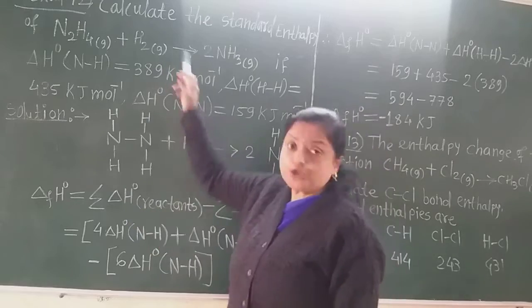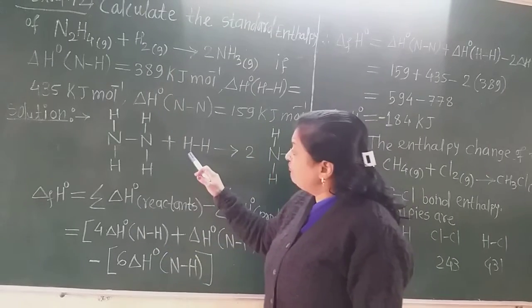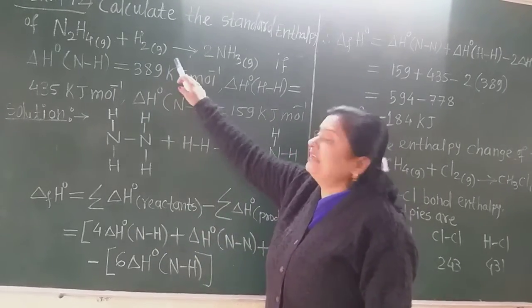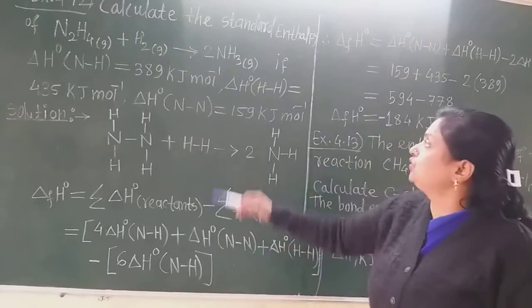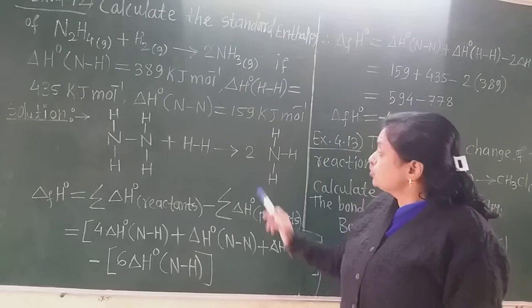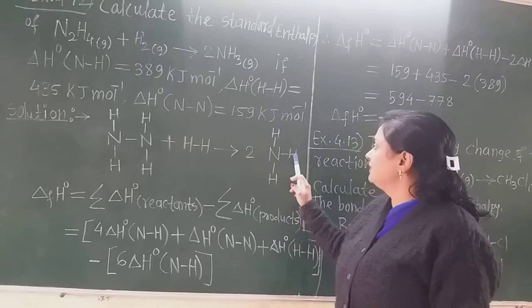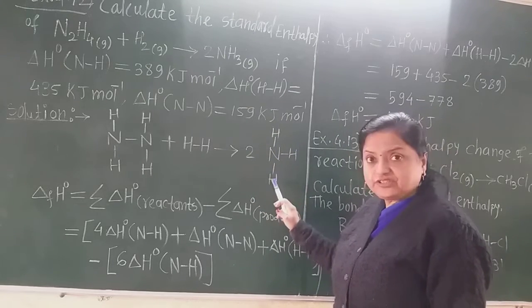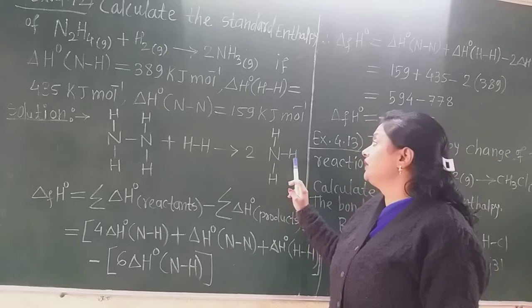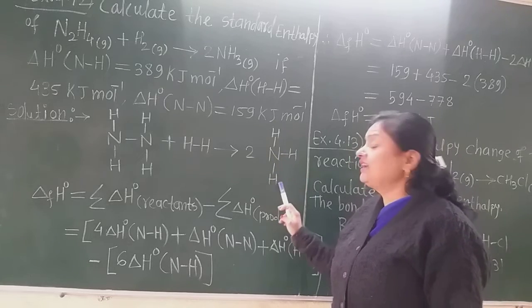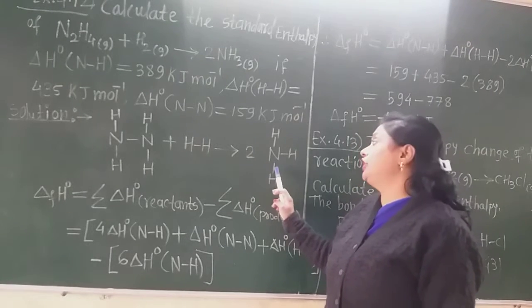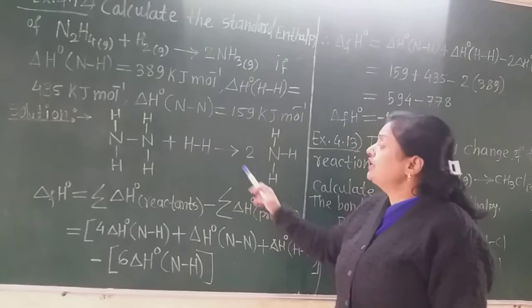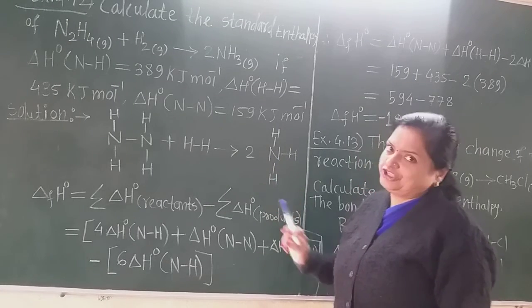Now here H2 is there, so 1 H-H bond in the H2 gas. What is the product? Twice NH3. That means there are totally 6 N-H bonds in the product, because there are 2 molecules of ammonia. In one molecule 3 N-H bonds, so in 2 molecules 6 N-H bonds.